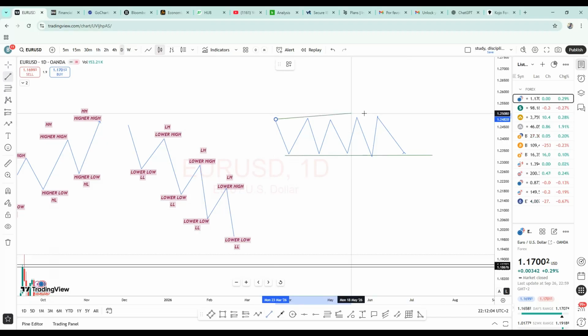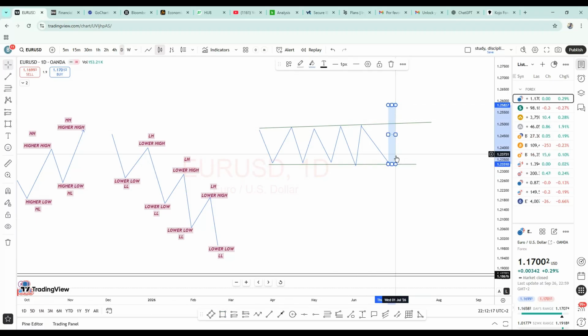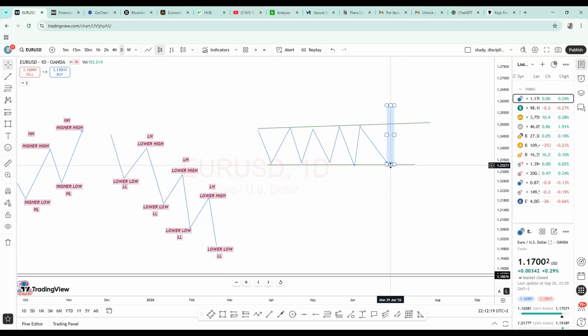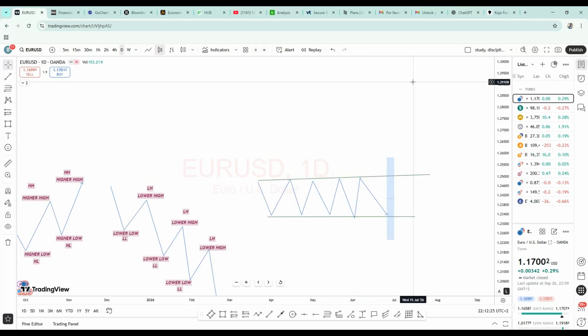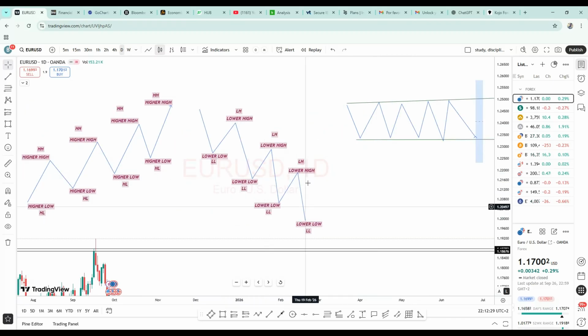Anytime we see a breakout, when the market closes above or below, that tells us that the market is ready to go either higher or lower, creating lower low, lower high, like the one that we drew here.